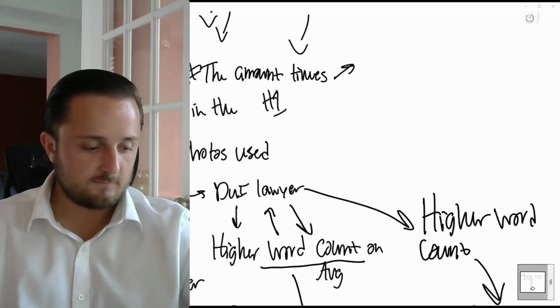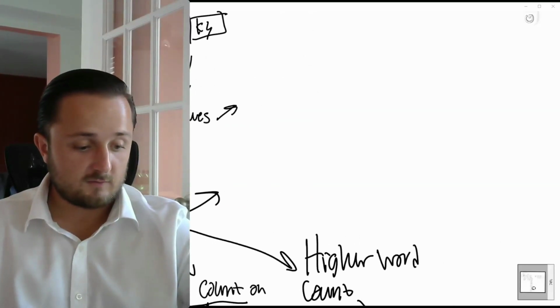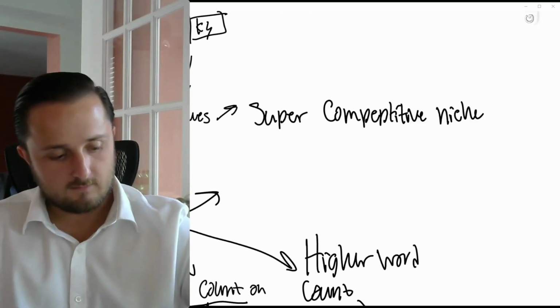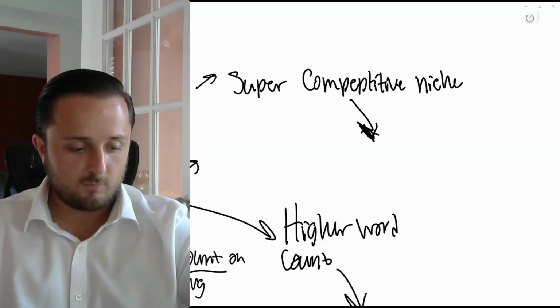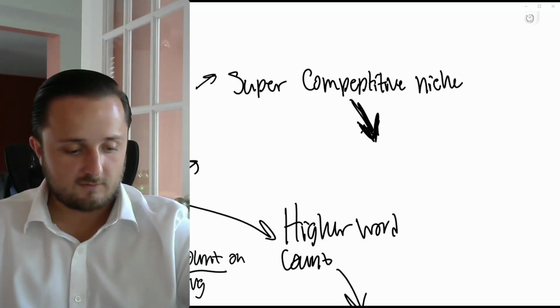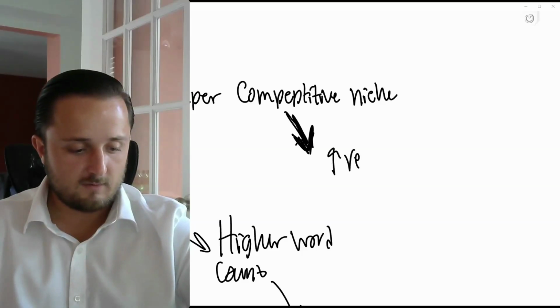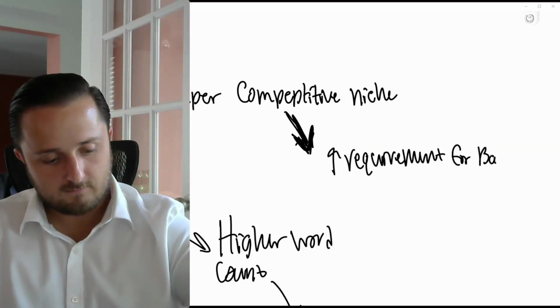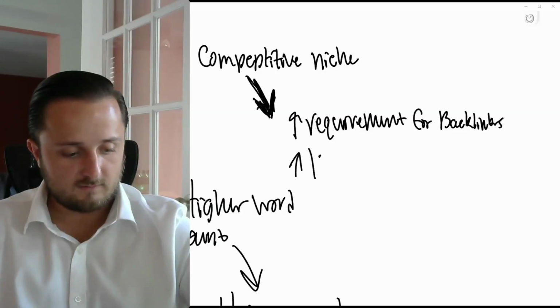The other thing too is when we consider DUI lawyer, this is a super competitive niche. So what does that mean? That means what we're going to see for this keyword as well is that we're probably going to see a higher requirement for backlinks. We're also going to see a higher requirement for keyword density.